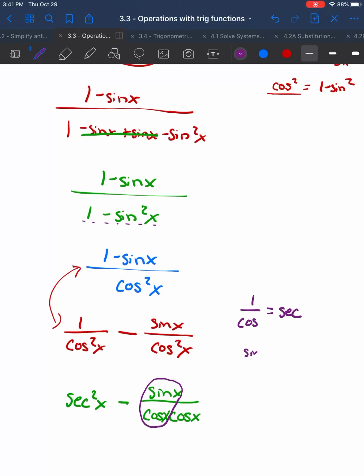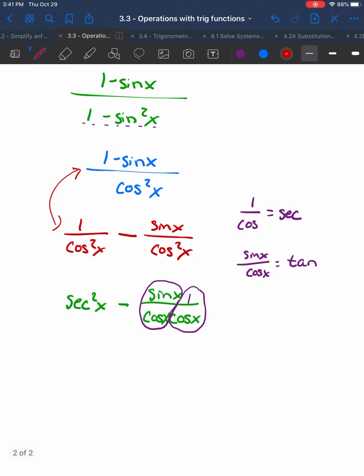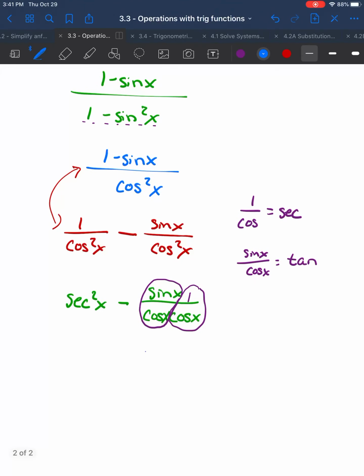We have an identity for sine over cosine. Sine over cosine is equal to tangent. We also have an identity for 1 over cosine, because I can put a 1 there. Oh, I already have that written down. We said that that's secant. So sine over cosine is tangent, 1 over cosine is secant, and then I have my minus secant squared at the front.